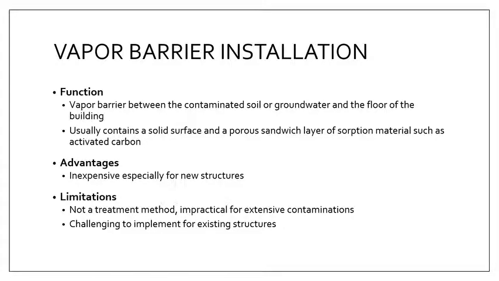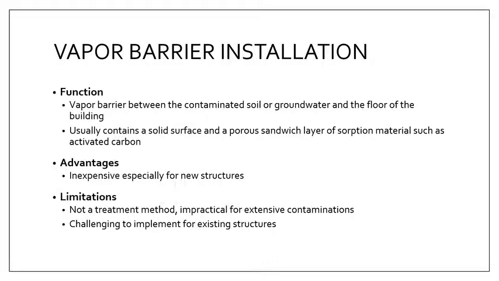What you're actually doing here is you're just putting up a barrier between the contaminated soil or groundwater and the floor of the building. All right, so this is to prevent vapors from entering the building and reaching your receptors, which in this case are your building occupants.